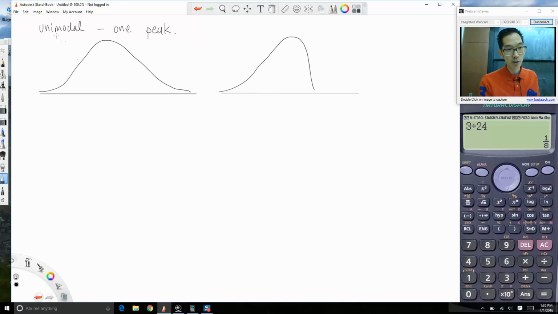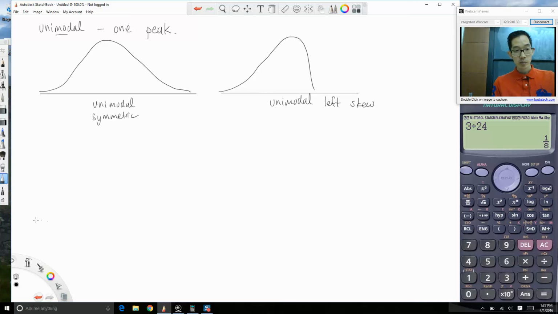So if you look at unimodal, there's only one value, or one range or area, that is most common. So these are all unimodal, okay? So this one's unimodal because it's got one peak. This one's unimodal. This would be unimodal left skewed. This would be unimodal symmetric.